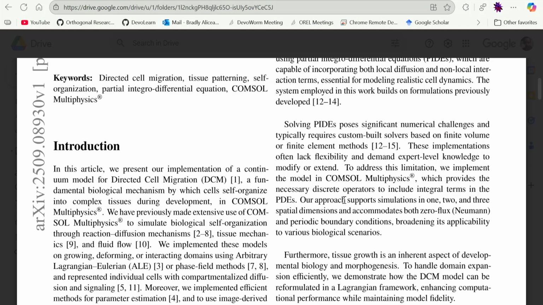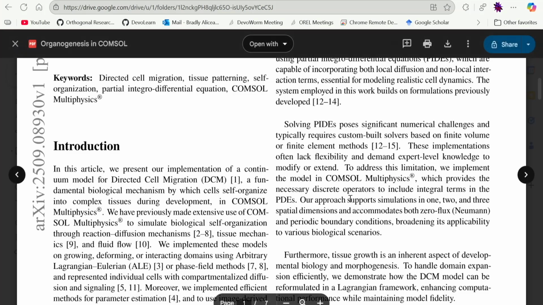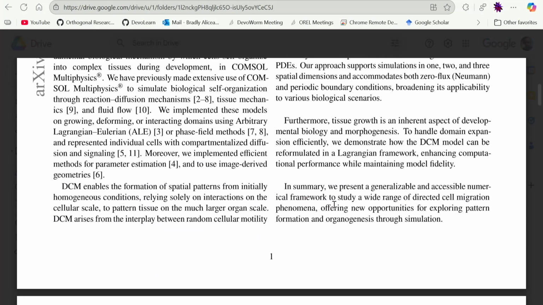So this is a lot of computational time. And so, you have to have something that gives you the ability to handle all those computations. So that's where they kind of plug in COMSOL Multiphysics, and they have a toolkit for this.